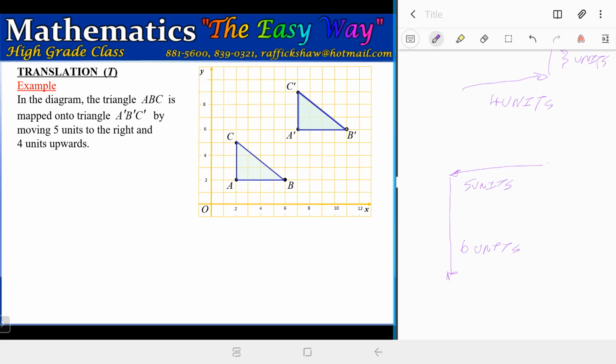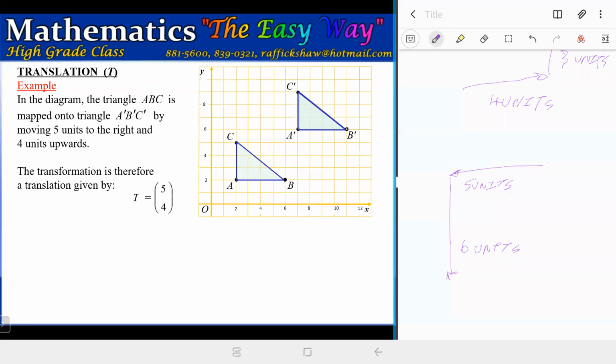It has to be B to B prime. So this transformation is therefore a translation given by T = (5, 4). If you have to describe it, that's all you have to say. The transformation is a translation given by T = (5, 4).